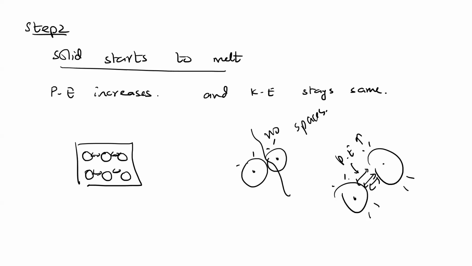Do you get this part now? Because that's melting. So during melting, kinetic energy doesn't change at all. The reason is the energy provided to the substance is consumed by intermolecular potential energy. So they don't have any energy left to increase the kinetic energy.